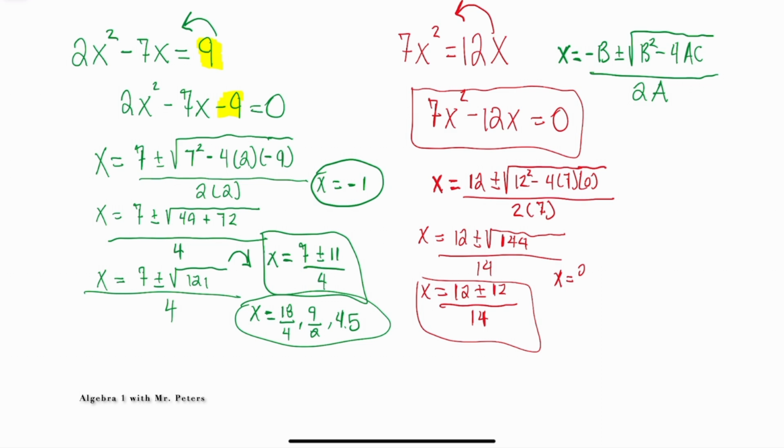So we have x is equal to 24 over 14. Remember, lowest terms, so this could be 12 over 7. That's our first answer. And then when we go back to the second one, x is equal to 12 minus 12, which is 0. And when we divide 0 by 12, oops, I'm sorry, not 12, 14, we know that x is going to be equal to 0.